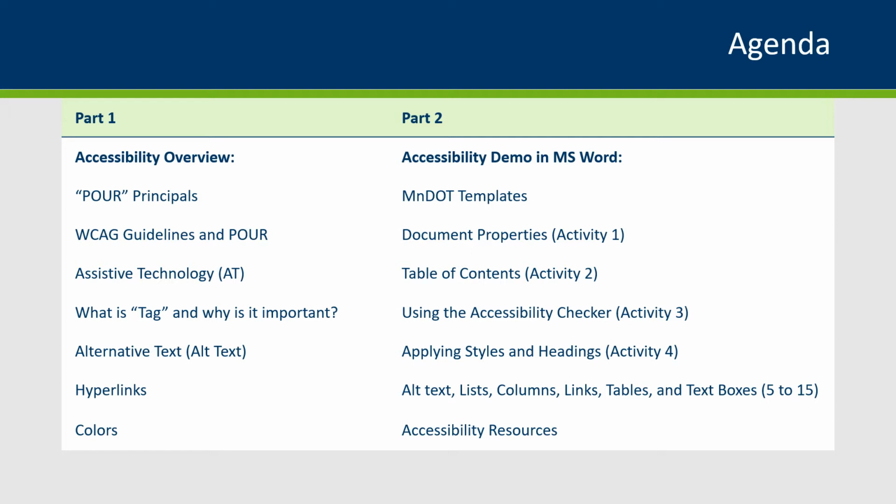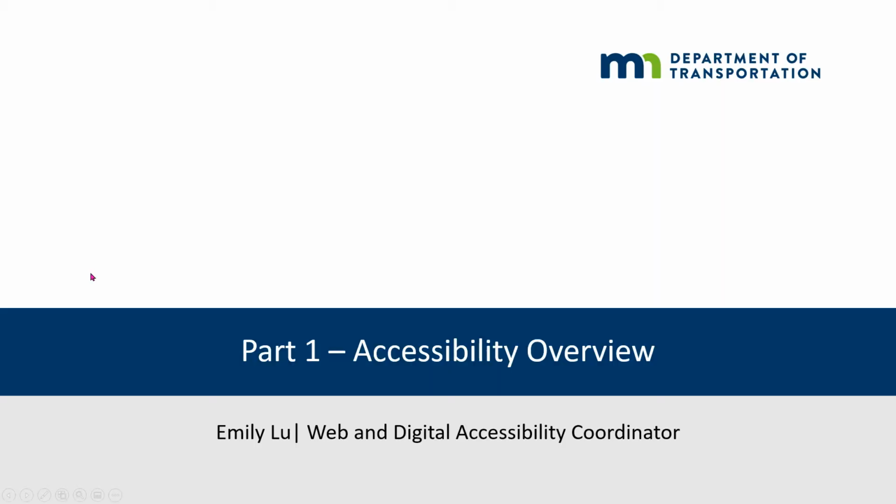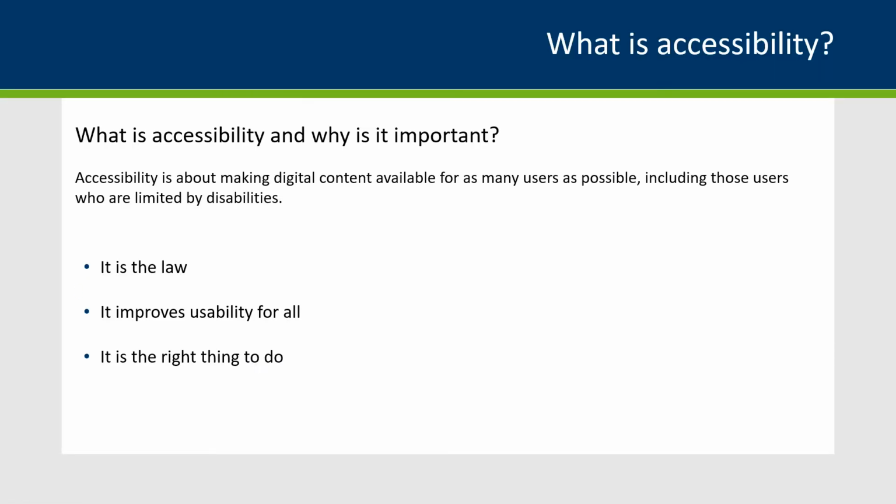You can convert that into the new format, and everything will match what you see in my training. You might lose some formatting, but you can fix it, or in some cases I might point out what you will see in the old Word version. But I think everybody should be on Office 365. All right, let's start with part one.